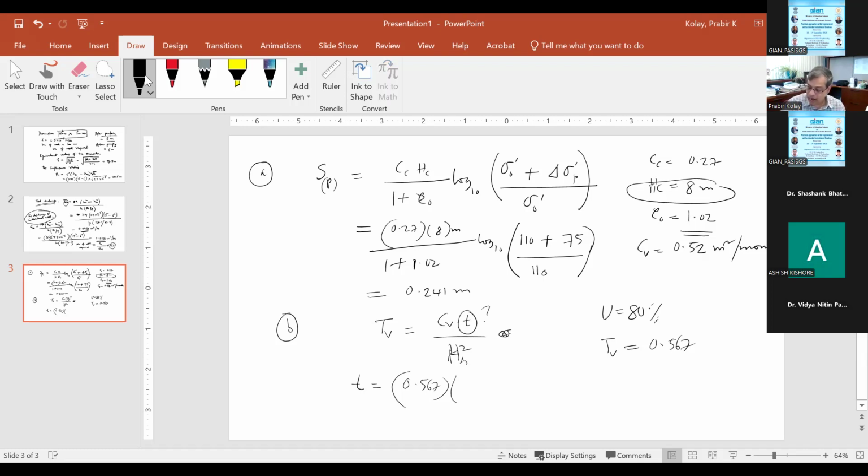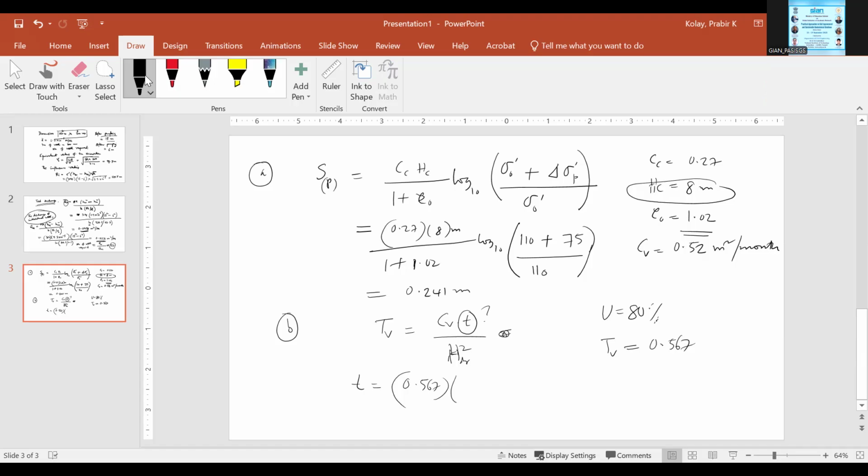So what would Hdr be? Height is 8 meter. Because in this case it is two-way drainage, it should be 8 by 2, which is 4. So it should be 4 whole square.